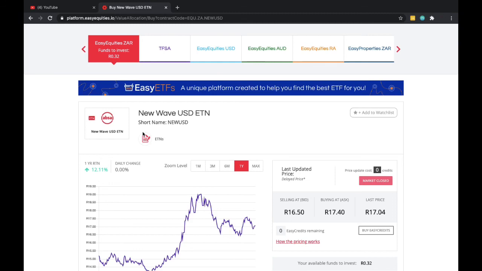Once you've deposited, you will then have to invest that money. Investment starts at a minimum of 5 Rand, I believe. Invest 5 Rand into any stock or whatever the case is, and you should see the 50 Rand reflecting on your side. If you don't, please let me know and we can tag Easy Equities on Twitter. They're really helpful and really quick to respond.